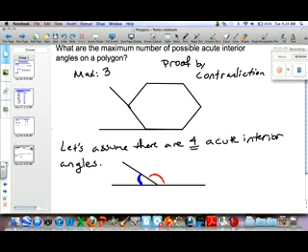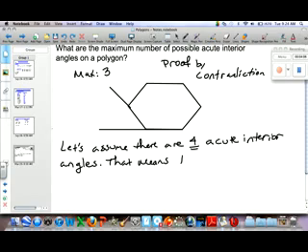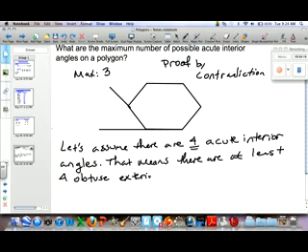So we're going to go ahead and clear the way there. That means there are at least 4 obtuse exterior angles. Now, what does it mean to be obtuse? Think about that statement for a minute.